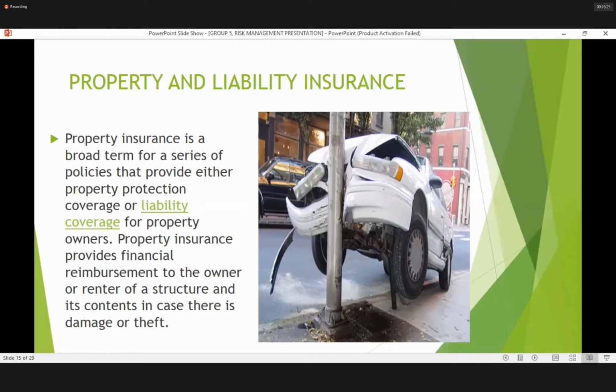So it's called the property insurance because it's a property and you've insured it against a loss. So this is against an accident.